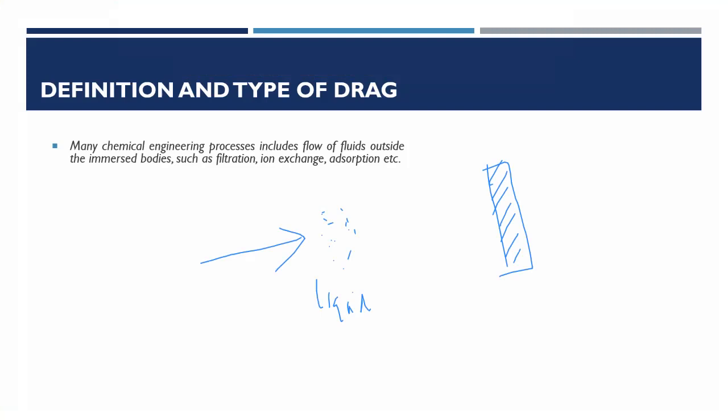Now, when it goes onto the surface of the filter, the solid will be retained here, while the liquid will pass through and goes out here. So as you can see, in the layer of the solid, the liquid will start to pass through the layer of solid. So in this part, there is a fluid flow past the solid, the immersed solid.